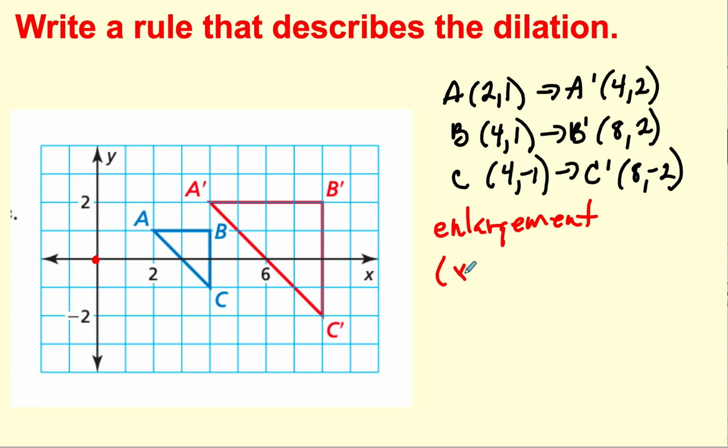So I have x, y maps to, and now here I have listed all the things, and it looks like 2 becomes 4. How can 2 become 4? Times it by 2. 1 becomes 2, times it by 2. So it looks like I'm multiplying both x and y by 2. So this is the rule I am using to go from triangle ABC to triangle A prime, B prime, C prime.